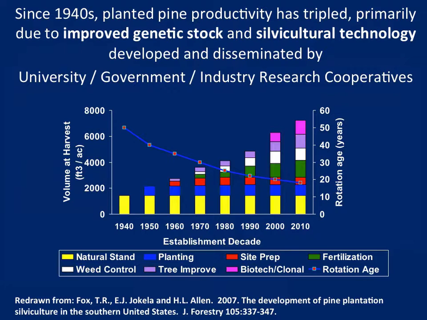And then with the advent of planting technologies, controlled spacing, we might have bumped it up a couple hundred cubic feet per acre. And then as we move forward into the current decades, of course, site preparation technologies have improved. Fertilization came on in the 60s and 70s. Weed control, tree improvement, open pollinated, and now controlled pollinations.